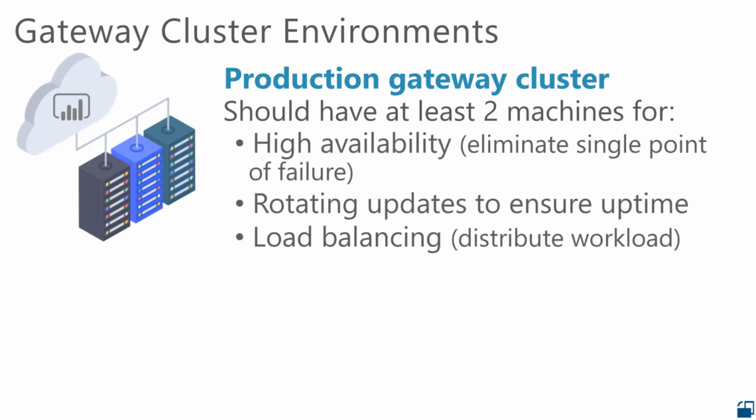When you're doing the monthly gateway software updates, you can make sure that your production gateway is still up and running because you're installing the software on machine 1 while machine 2 is still satisfying the load. It's still allowing data refreshes or direct query or live connection activity to be happening. So if you've been doing updates at 2 a.m. so that you don't bother users, this is at least an alternative to reduce some risk. And then it also handles some load balancing.